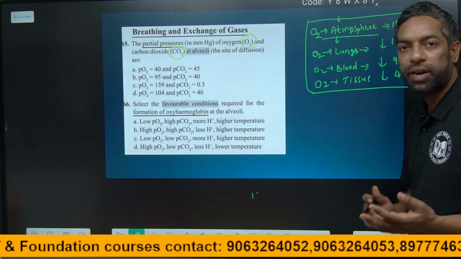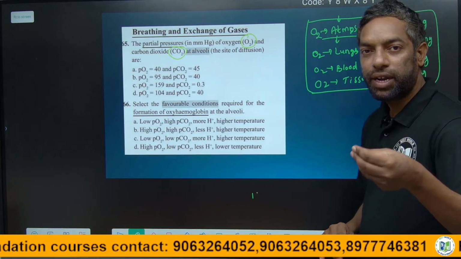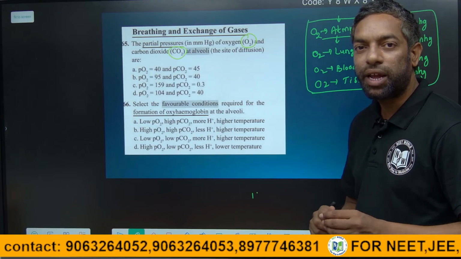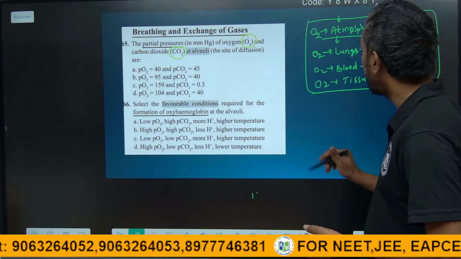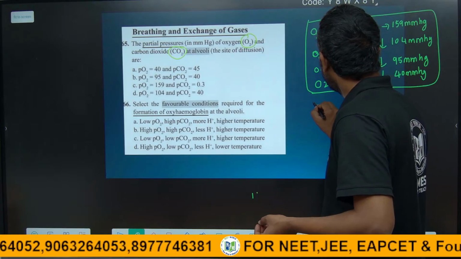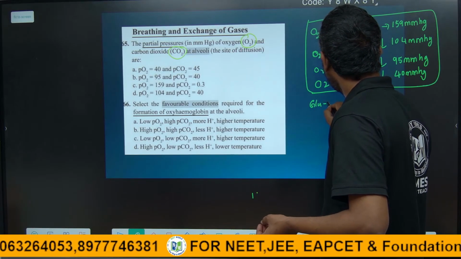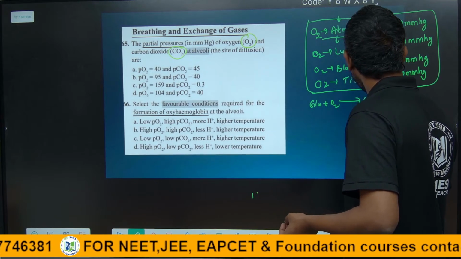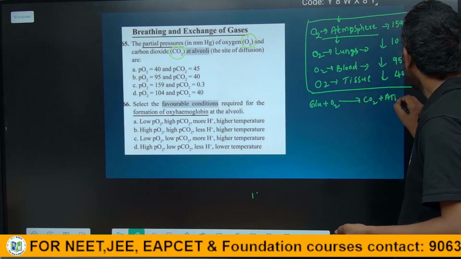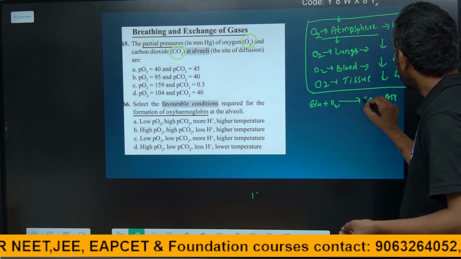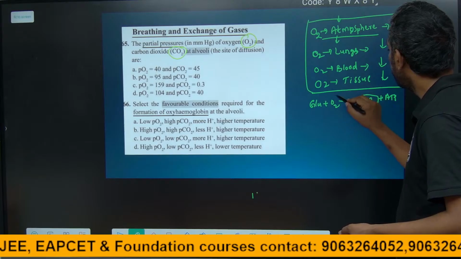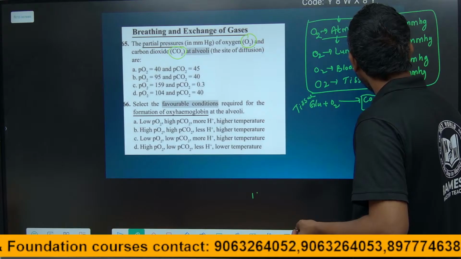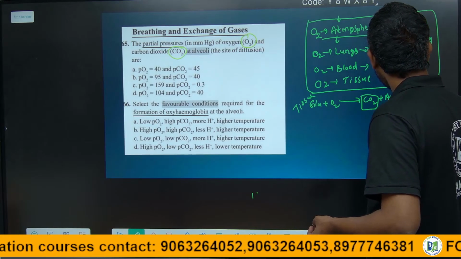Coming to carbon dioxide, where is it produced? The tissue uses the oxygen to break down the food particle and releases carbon dioxide; if glucose breaks down in the presence of oxygen, it releases carbon dioxide and ATP. The carbon dioxide produced in the tissue has a partial pressure of 45 mmHg.